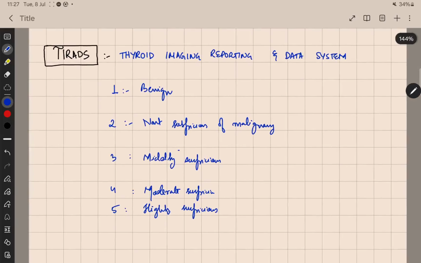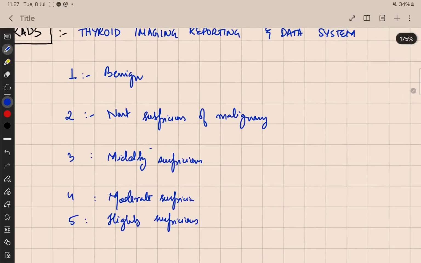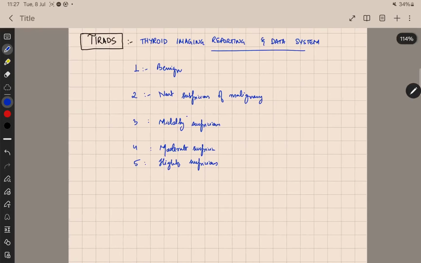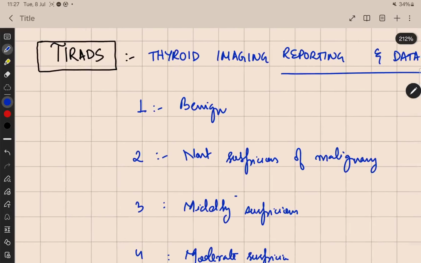So this is thyroid imaging, reporting and data system. Based on this, we will go for FNAC. So this TIRADS is based on the ultrasound imaging, USG imaging.